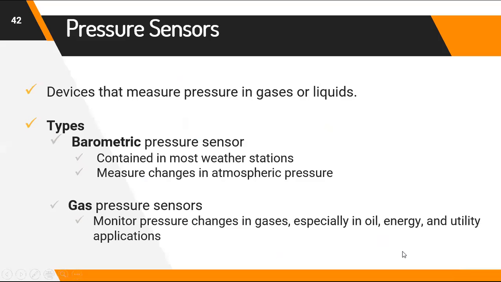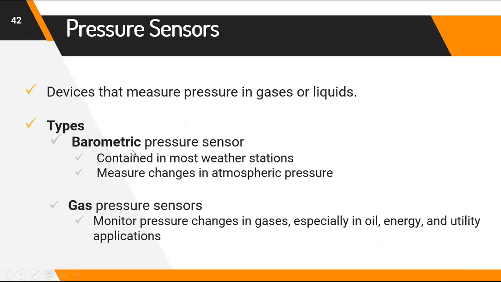See, there are around 12 sensors most frequently used in any IoT environment. The first kind of sensor is the pressure sensor. Its purpose is to measure the pressure inside your gas or your liquid. There are two kinds of pressure sensors available in the market. One is the barometric pressure sensor, and the second is the gas pressure sensor.